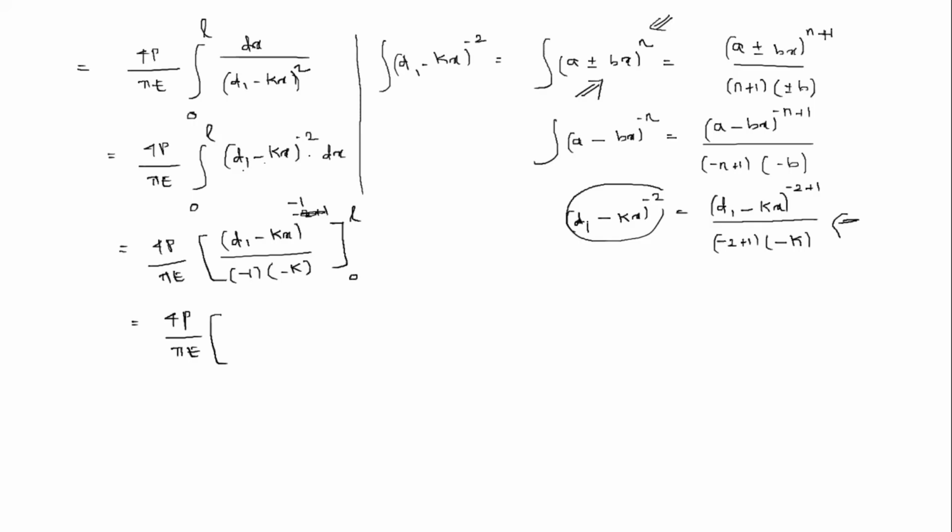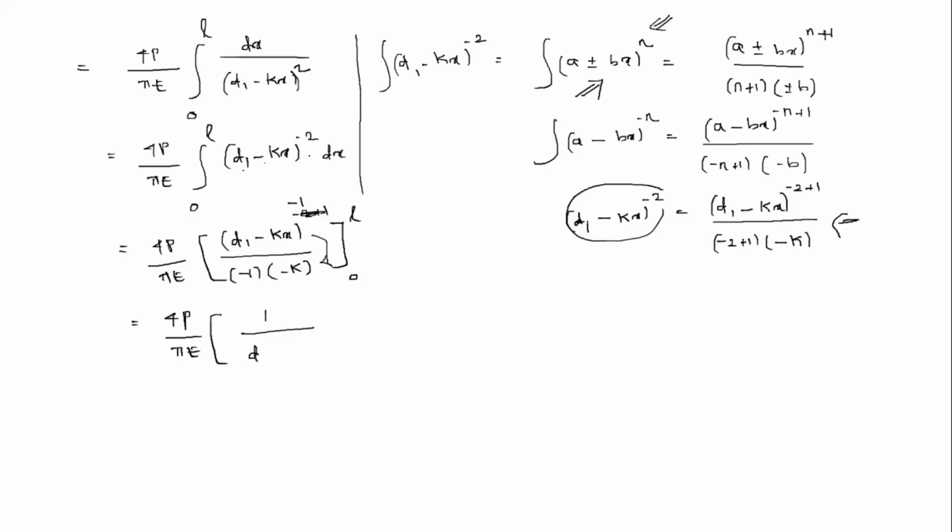Now we have to convert this. (d1 minus kx) the whole power 1 should go to the bottom as the denominator. So 1 divided by, what is this value? Total minus 1 into minus k, which is equal to k.